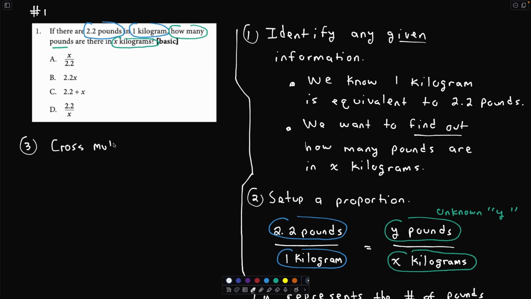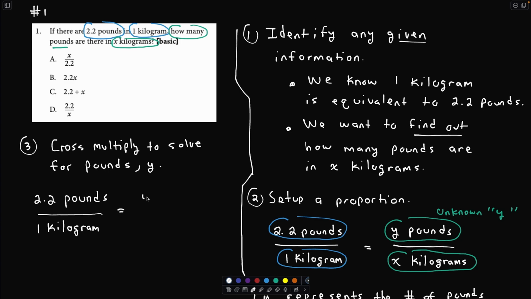So third part, we need to cross multiply to solve for pounds, aka Y, or our unknown. We'll have 2.2 pounds over 1 kilogram is equal to our Y pounds over X kilograms.